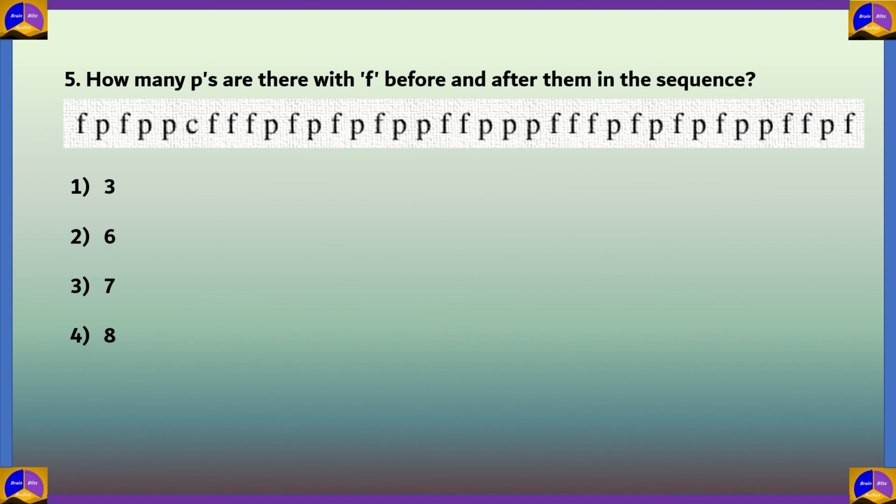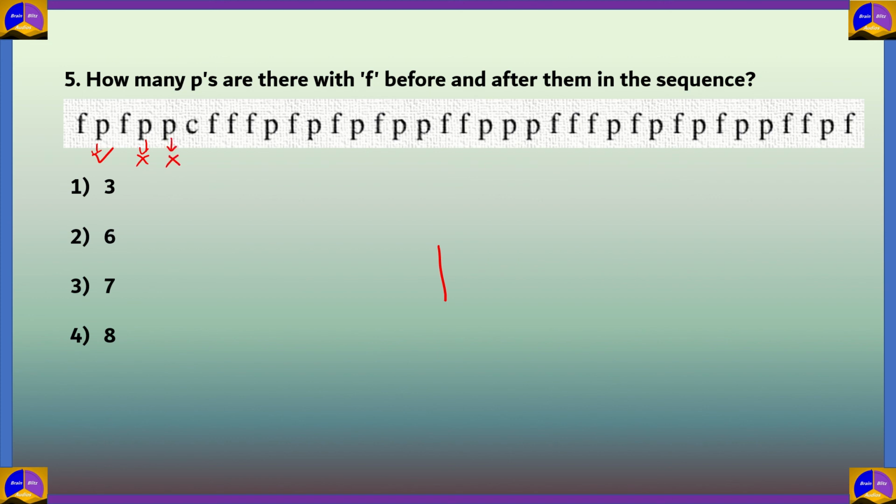So let's look at each of the P's. The first P has an F before it and an F after it, so it is counted. So 1. The next P is incorrect because even though there's an F before it, there's no F after it. Immediately to the right, it is P, not F, so it is not counted.